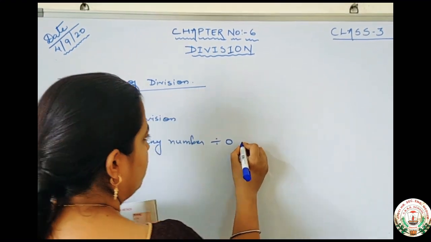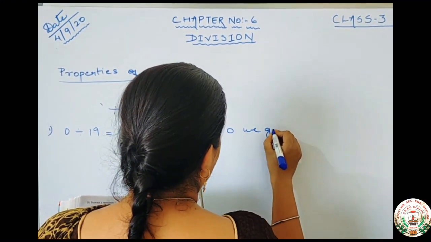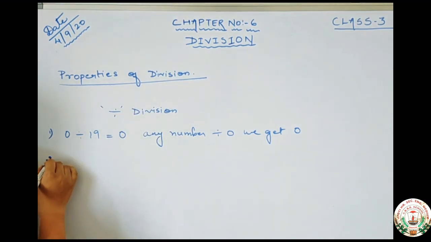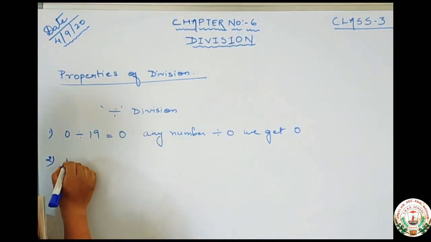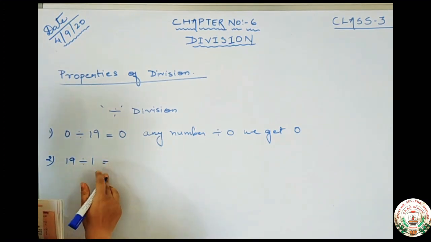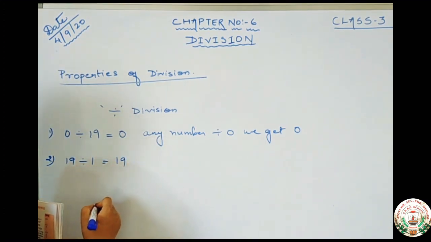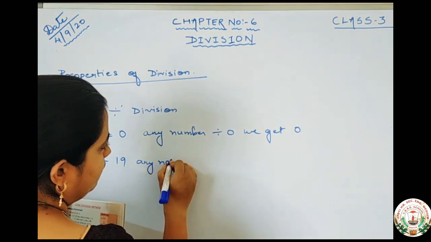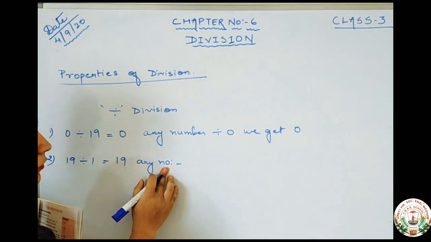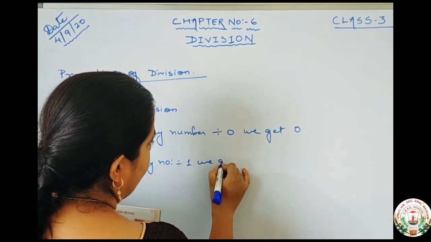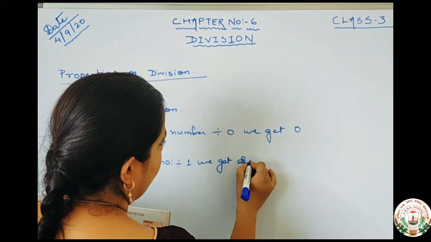Next is any number divided by 1. Any number divided by 1, we will get the same number as the answer. NO is the short form of number. Any number divided by 1, we get the same number.